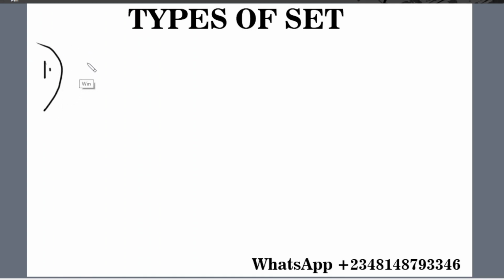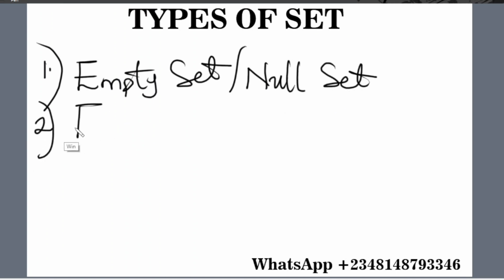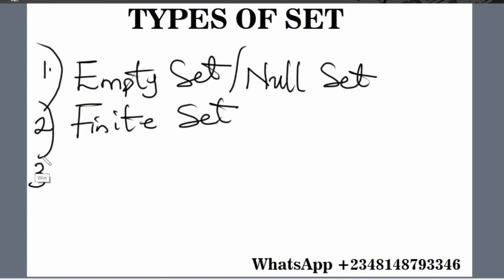Number one, we have the empty set or null set. And then number two, we have the finite set. Number three, we have the infinite set.